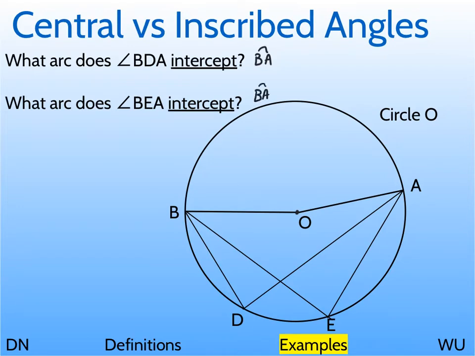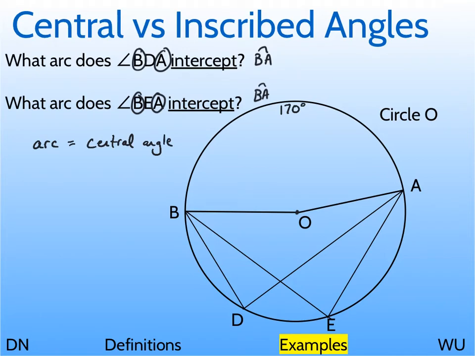Now one thing that's super helpful to look at is the arc it intercepts is just these outside letters. As long as those outside letters are on the circumference, that's the arc that it'll intercept. Now, there's also a really cool relationship with this too. If, for example, we say that arc BA is 170 degrees or so, then the arc measure is equal to the central angle measure.